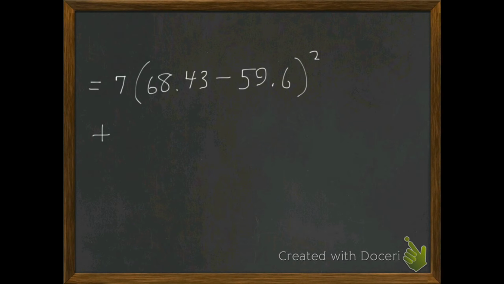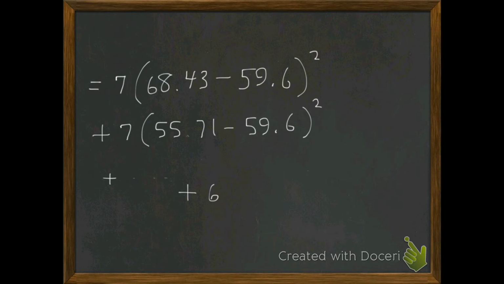plus 7 times 55 point. And by the way, we'll run this on R. I'll show you how to run this. Let's see, 61.50.